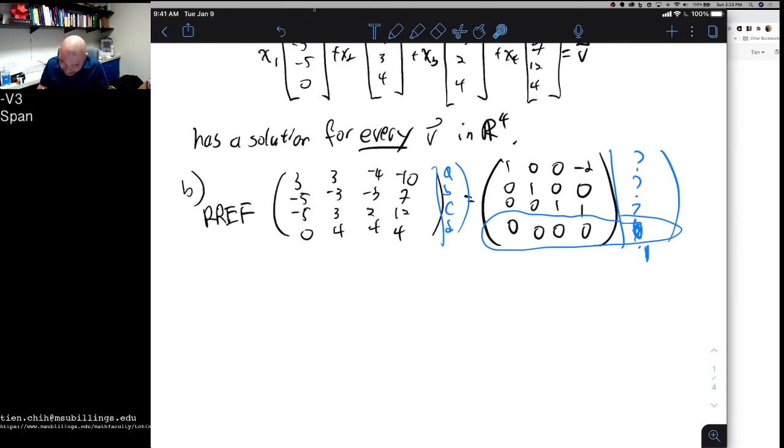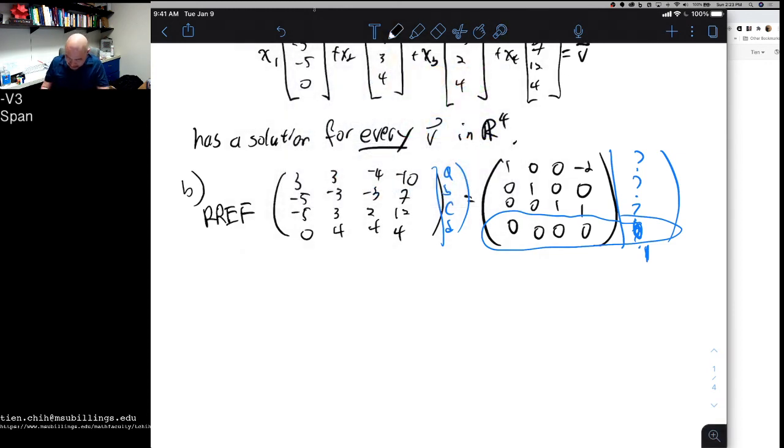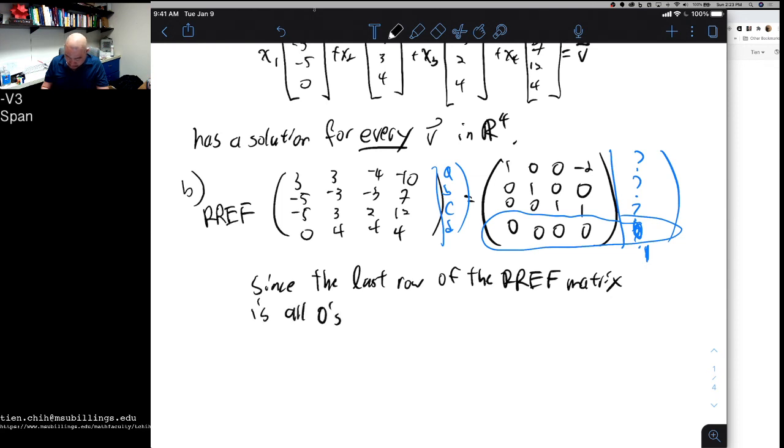So having said that, what we can conclude is that since the last row of the reduced row echelon form matrix is all zeros, these vectors do not span R4, right?